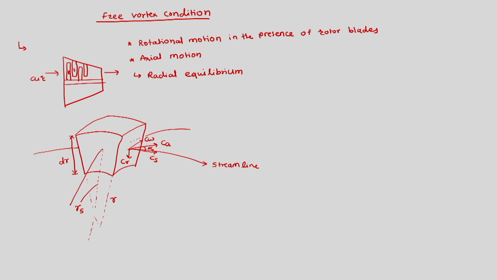Then there is the fluid element which is moving in this direction with velocity CW. For the pressures acting upon the fluid element, let us consider that the pressure acting on the bottom surface is P, on the top surface is P plus dP, and on the side surfaces the pressure acting is P plus dP by 2.